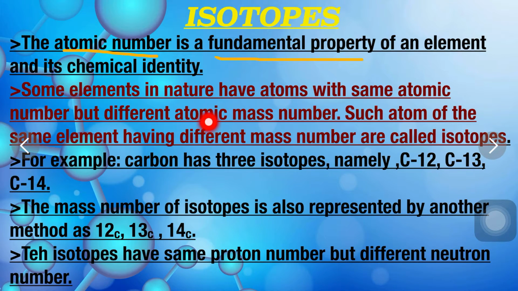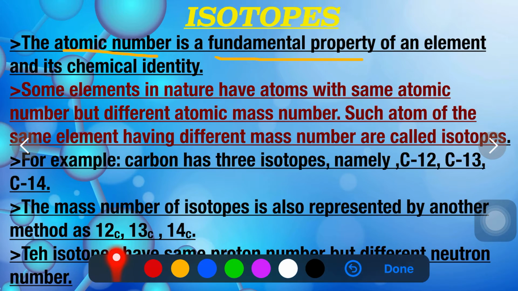Such atoms of the same element having different mass numbers are called isotopes. Students, same atomic number but different mass number is called isotopes.